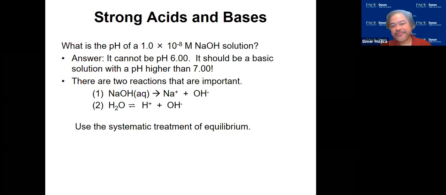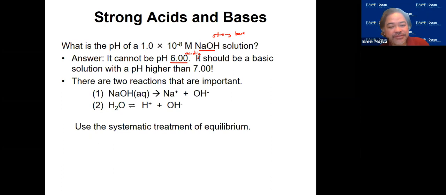You cannot say it is 6. Okay? Because if it's 6, you have here a strong base, and you say it's 6, that is acidic. The answer there should still be basic, with a pH higher than 7.